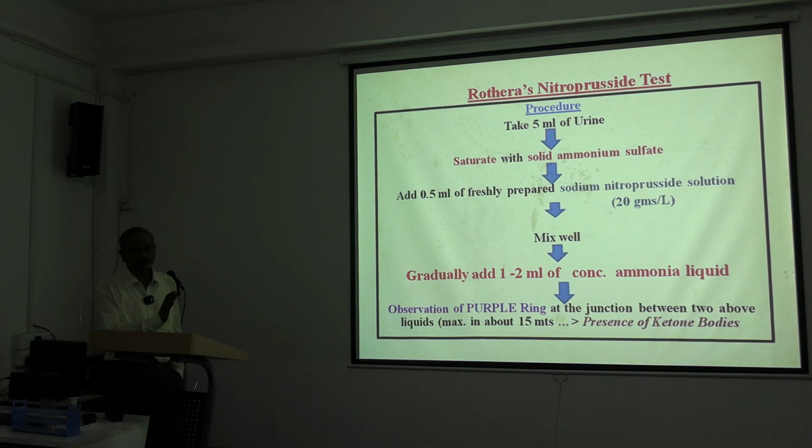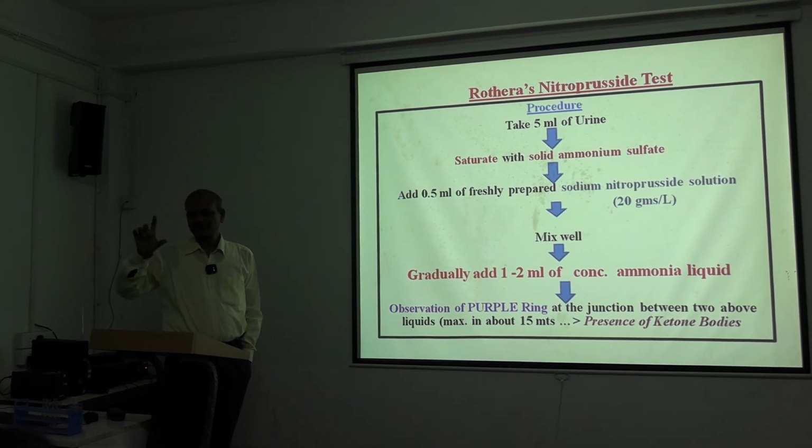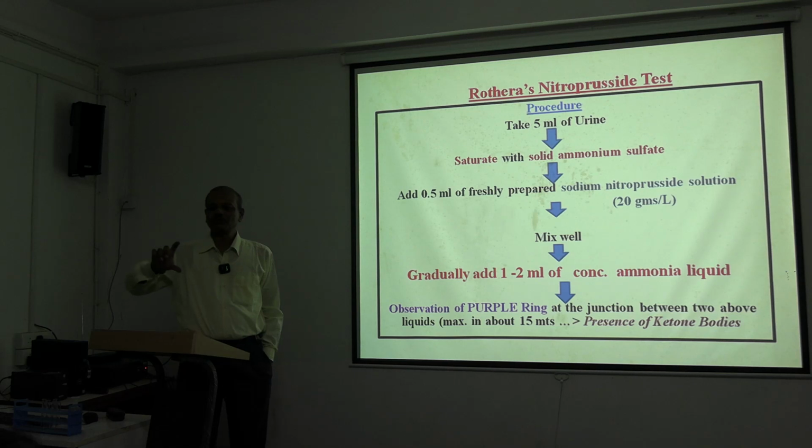So this test procedure you try to understand. You have done the urine test for any abnormal constituent. Which constituent? Protein you have done. How much urine have you taken? 5 ml, more than 5 ml.